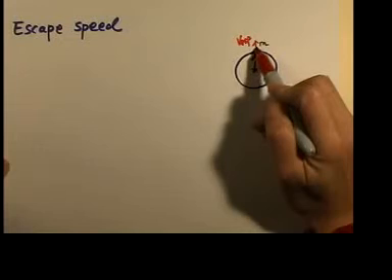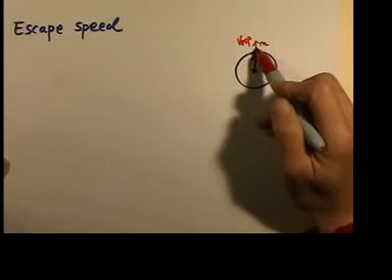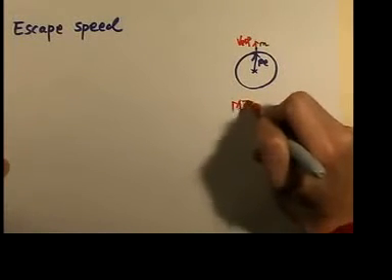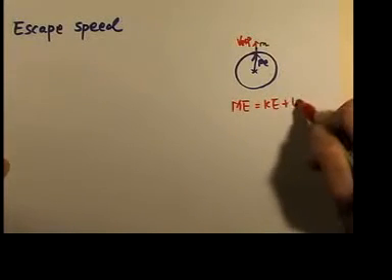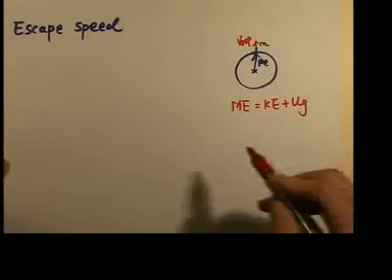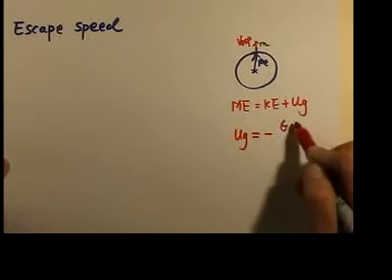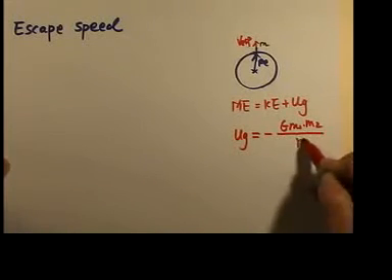Let's say that right here, what is the total energy of this rocket? Don't forget, if we talk about mechanical energy, we have to consider the kinetic energy plus potential energy. In this case, the potential energy is the gravitational potential energy. We learned that the gravitational potential energy between 2 point masses equals negative G times the first mass times the second mass divided by their separation.